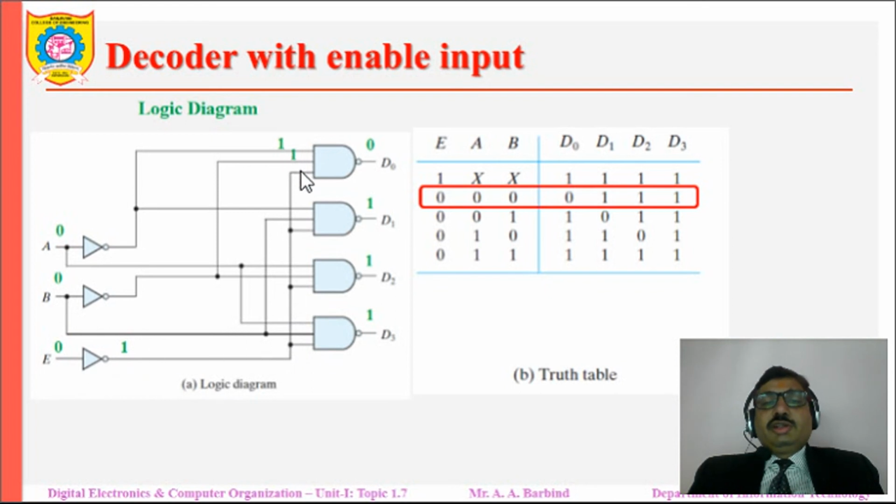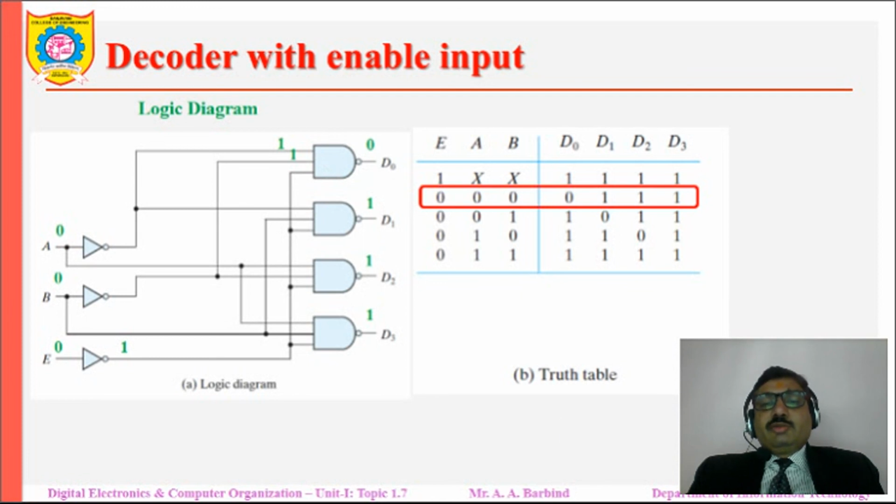So all the three inputs to this particular NAND gate are 1, so the output is 0. Okay, whereas for rest of the three NAND gates, you will find that at least one of the inputs is 0, and if any one of the inputs is 0, the output is 1 for the NAND gate. So that is why the rest of the NAND gates will produce 1 output, whereas the output of the first NAND gate will be 0. So that is D0 is 0.